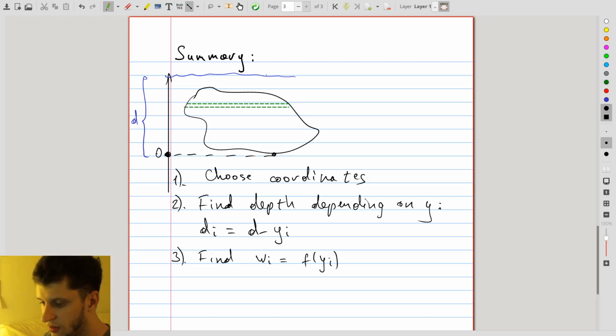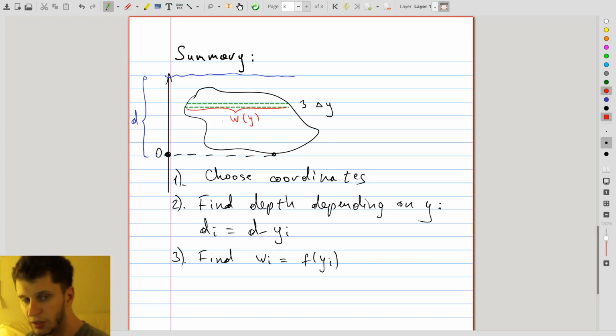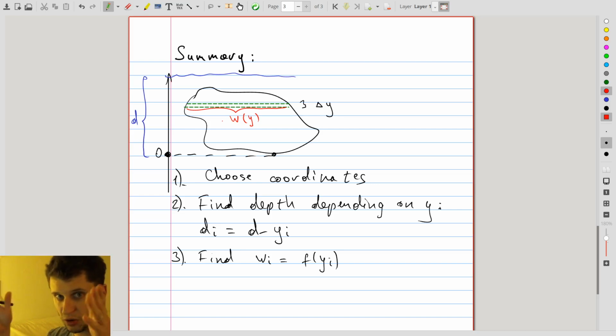You assume its height to always be delta y, and width in general depends on y. So this dimension here is some w of y, which will depend on the shape. For example, we just computed it for the circular shape. There are also ways to compute it for a triangular shape using similar triangles. If the shape that's floating in the water is just a rectangle, then width is constant.